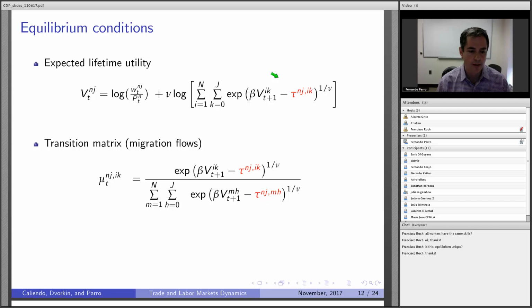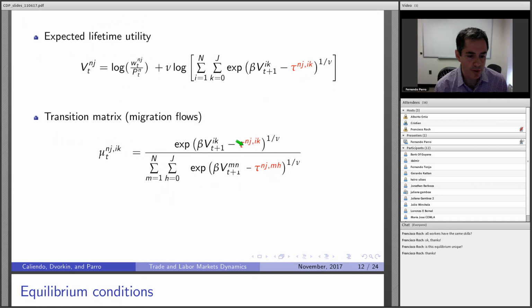So here you have two of the equilibrium conditions from the household dynamic problem. Remember, the first equation is the value of a household in a labor market nj at time t. And the second equation is the migration flow equation, that describes the flow of workers across different labor markets. For a moment, let's focus on the second equation, the migration flow equation.